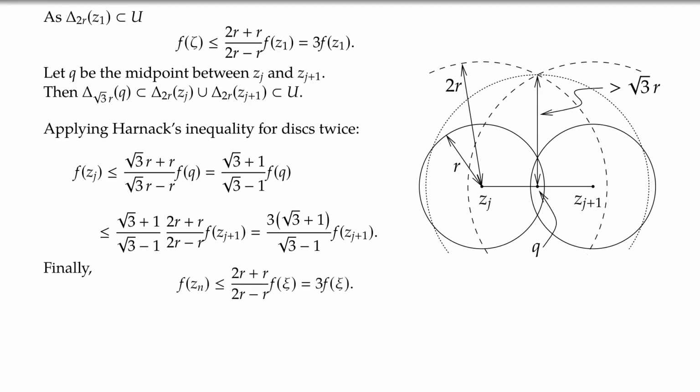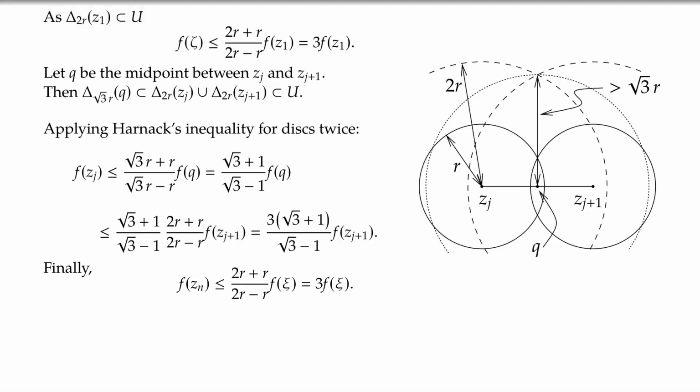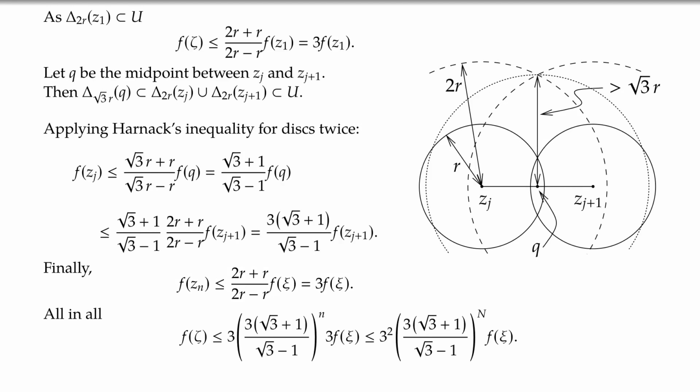All right. Well, finally, if we're at the nth one, we apply just like in the first one, and we get this inequality, because c was in K, so the 2R disk around c is still in U. And putting all that together, basically taking the first inequality, then going to z1, then going to the q between z1 and z2, and so on, all the way up to zn, and then going to c, there's n steps.